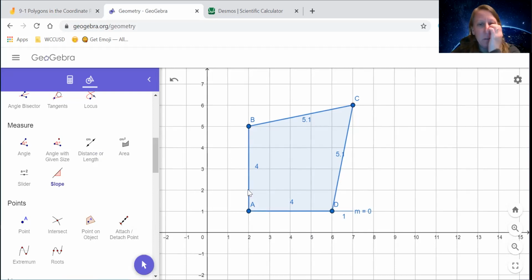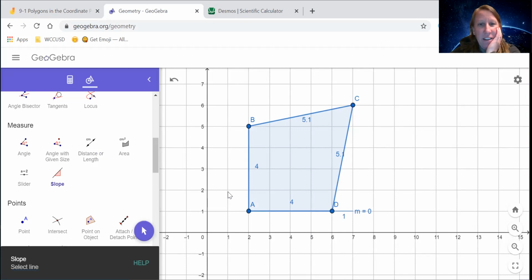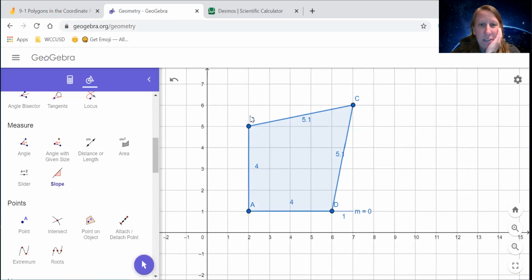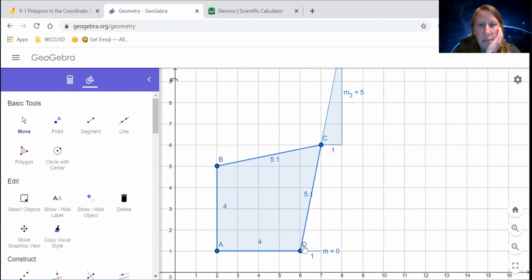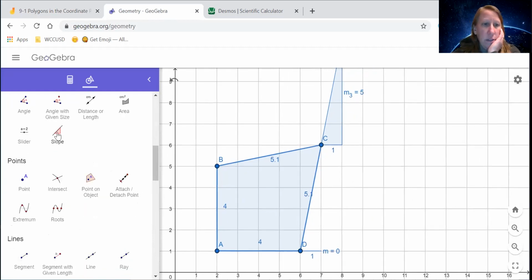Let's see what it does with this one. This slope is undefined, so it doesn't like to do it. Okay, that slope is not able to be seen. Let's see. This slope is 5, and this slope is 0.2.